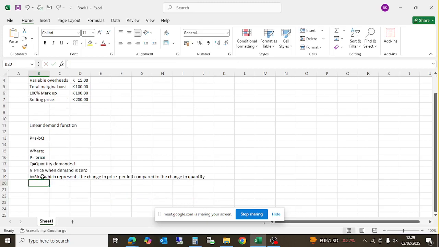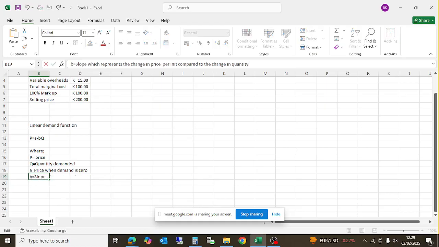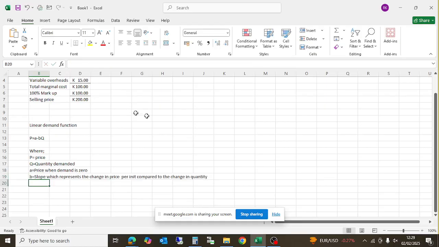All right, so basically, this is the linear demand equation.